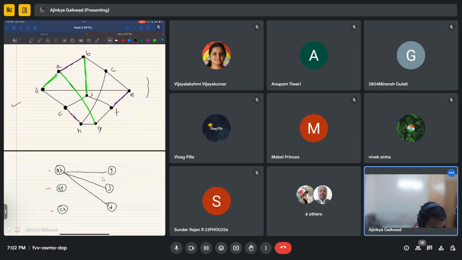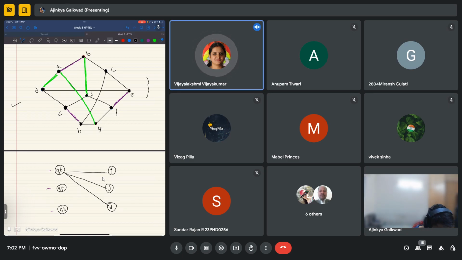Now similarly, E was adjacent to C. Wait, there is something wrong. E is adjacent to. Wait, I think I put C two times here. So I put C here again. Wait, let me think which one should I change. E should not be adjacent to D. So let me put here something else.